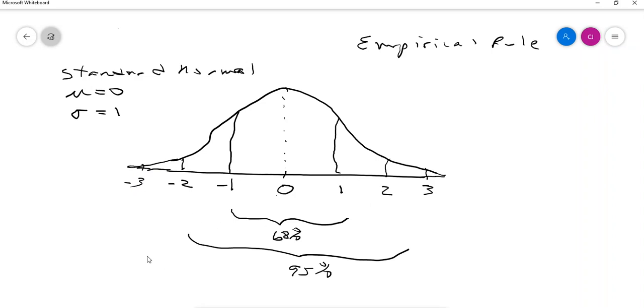So from -3 to 3 is 99%. 99 and a little bit more. We just say 99. The book has 99.7, so even more of it. So that's basically the empirical rule, and that's what we would use in trying to figure out some basic probabilities for items that are normally distributed.